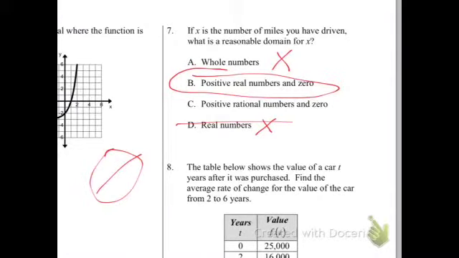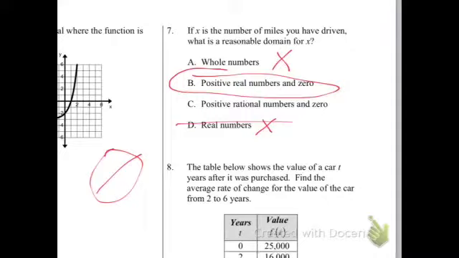Moving on to 7. If x is the number of miles you have driven, what is a reasonable domain? This is like, what are the possible ways you can measure the miles that you've driven? I'm going to use a process of elimination here. On A, the whole numbers include 1, 2, 3, 4, etc. Since we can drive 1.5 miles or 2 1/3 of a mile, it's not going to be just whole numbers.